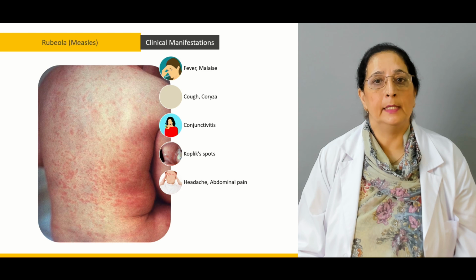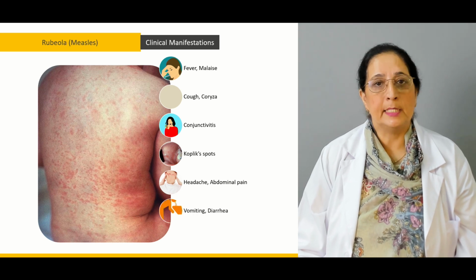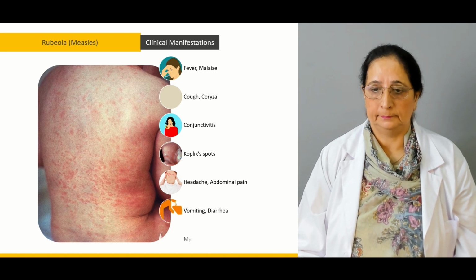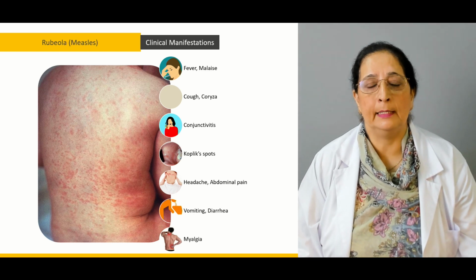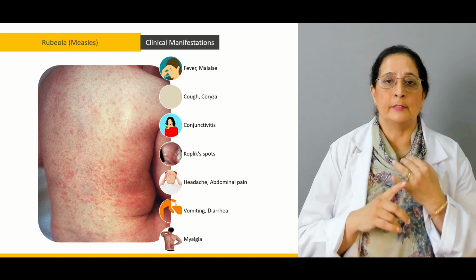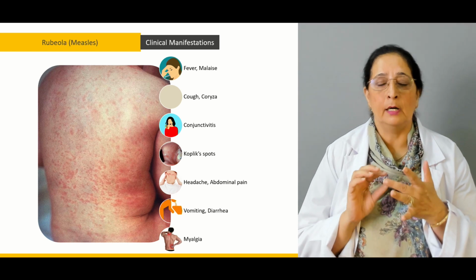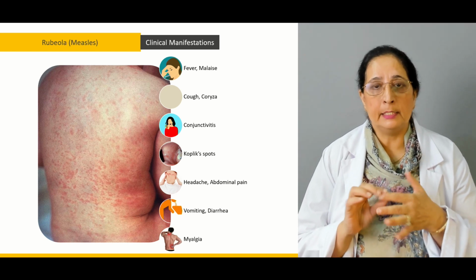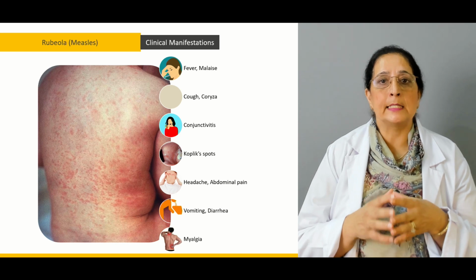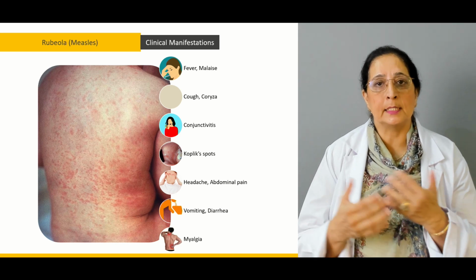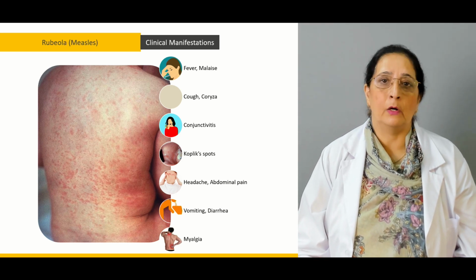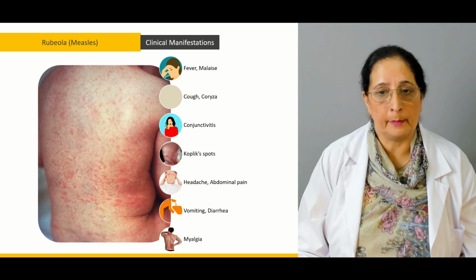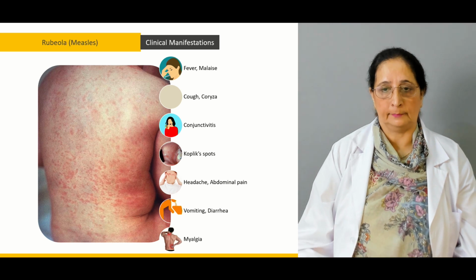Headache, abdominal pain, vomiting, diarrhea, and then myalgia. So these are some clinical manifestations. There is rash, fever, malaise, myalgia, cough, coryza, conjunctivitis, abdominal pain, headache, vomiting, diarrhea. All these features are present.